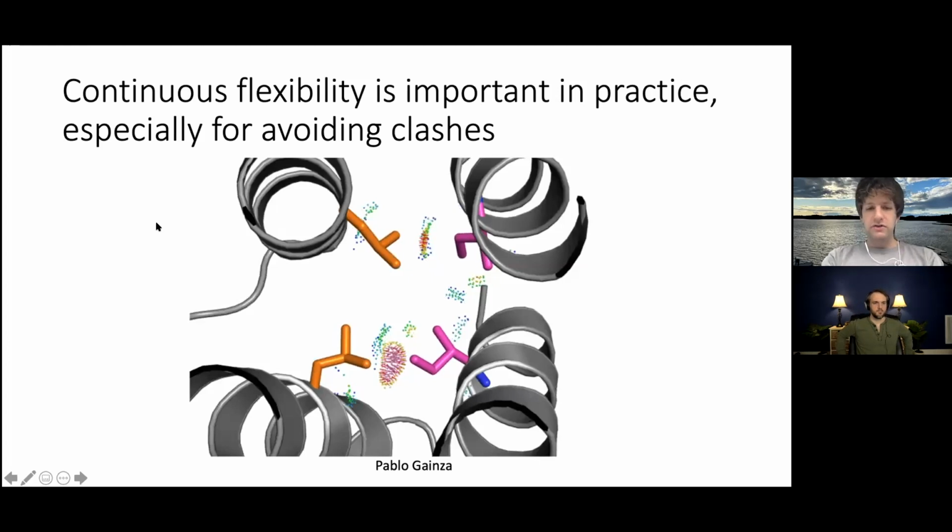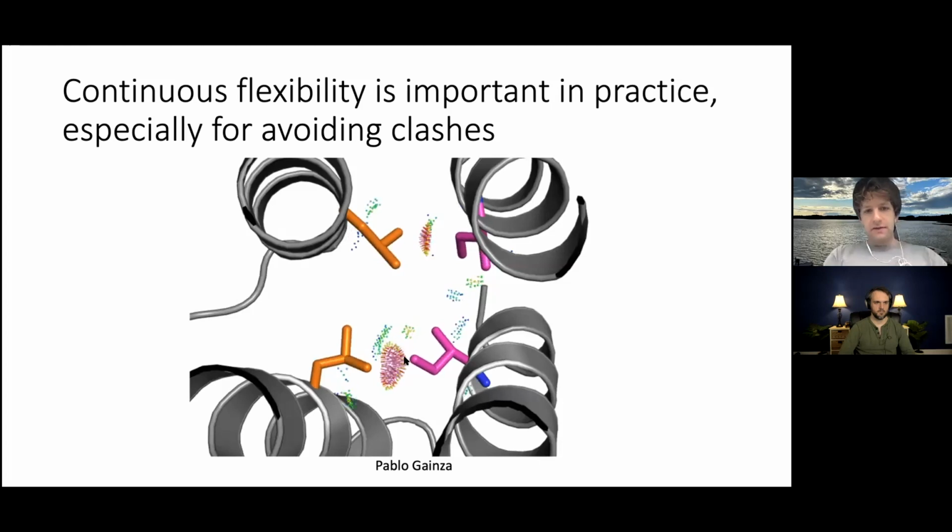So you could easily just be jamming them into each other. And then a 15-degree rotation one way or the other, even 5 degrees sometimes, could make the difference between clashing and pretty bad energy, and something that maybe is really what you want. So these are just small shifts here.